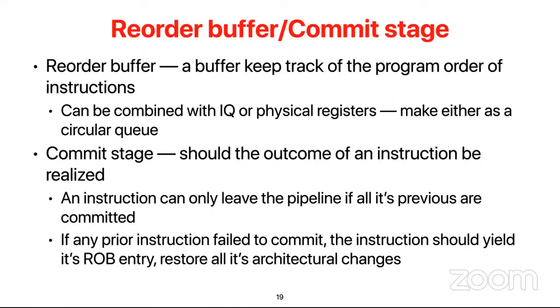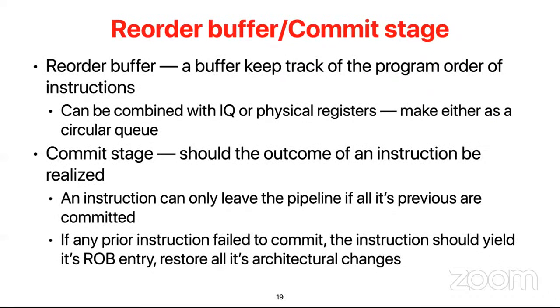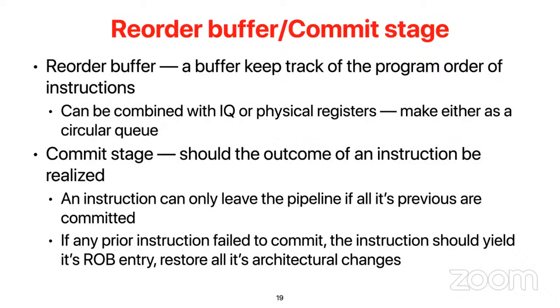And so instead of having a write back stage, we now change the write back stage into a commit stage. The commit stage not only presents the outcome of your execution to the architectural register, but also checks whether the outcome of an instruction can be realized. By realize, we mean that an instruction can only finish its execution in a pipeline if all its previous instructions are committed.